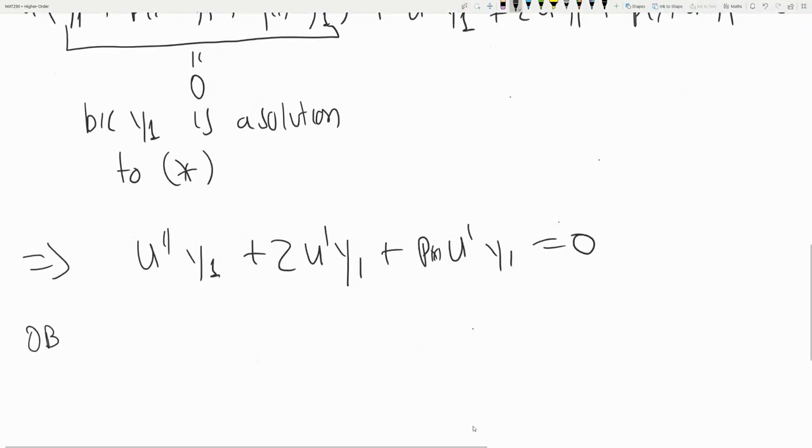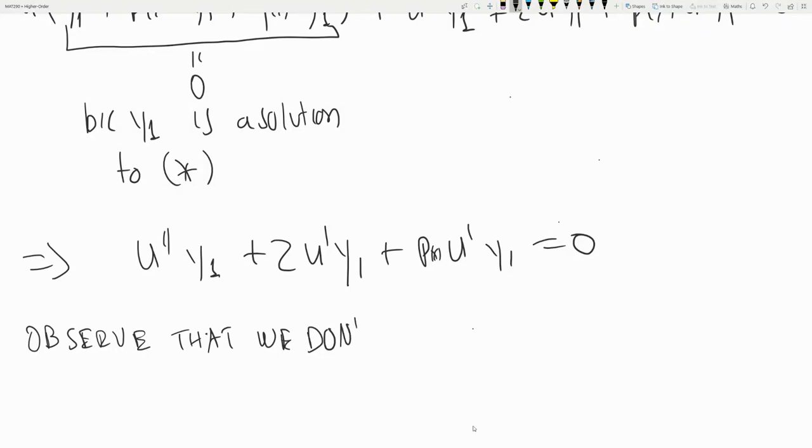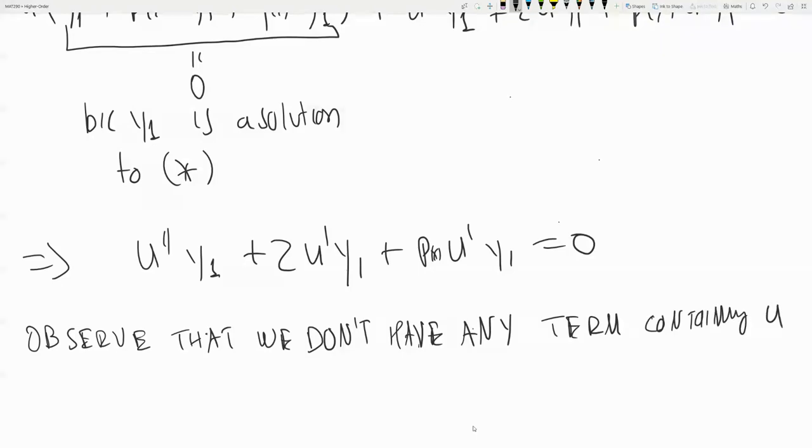Observe that we don't have any u term, any term containing u, so we can do a change of variables, w equal to u prime.